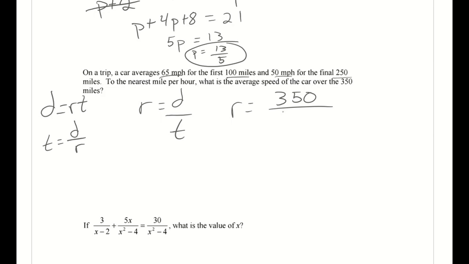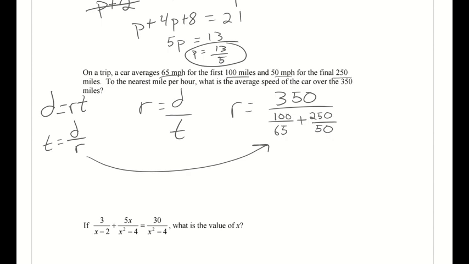So our time for the first 100 miles is our distance divided by our rate. And then our time for the final 250 miles, remember, time is equal to distance divided by rate, at 50 miles per hour.